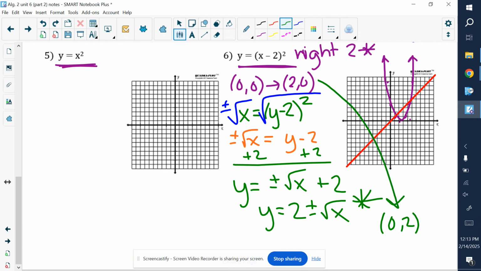I find the inverse of my starting point, so 0, 2. Now, think about turning your paper 90 degrees counterclockwise. So it's kind of like you're shifting it, so the side is now the top. So make your parabola from there. So over 1, up 1, over 2, up 4, over 3, up 9.